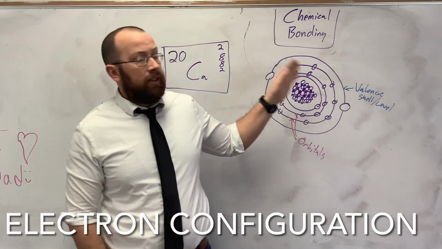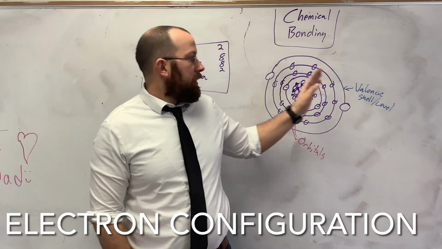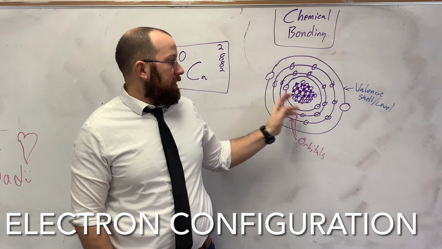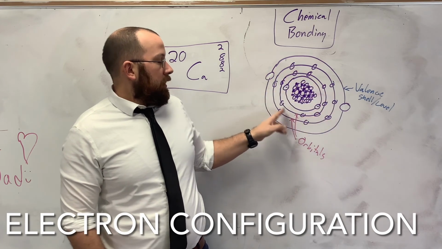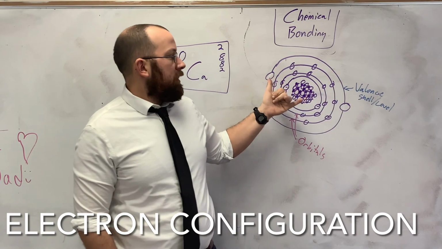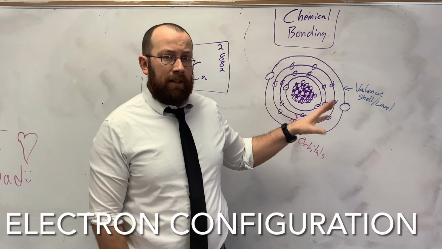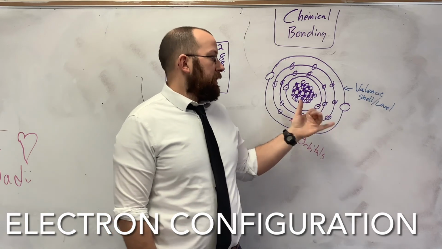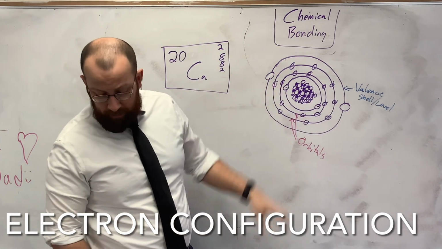It wants to have 8 electrons in it. All these circles are just filled with electrons. In this case, there are 2 electrons on the outside. What it wants on the outside is a perfect octet, or 8 electrons. This doesn't, so it's not as stable. It wants 8 to become stable.